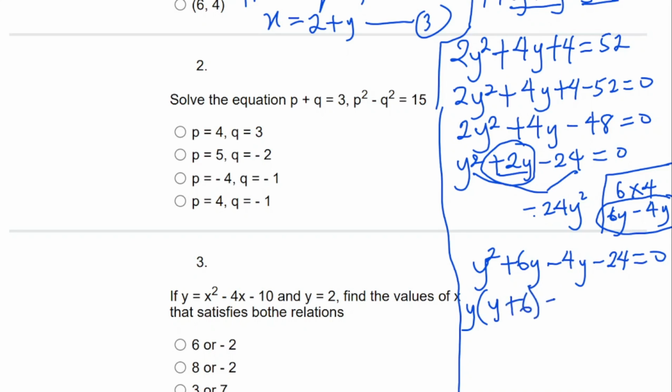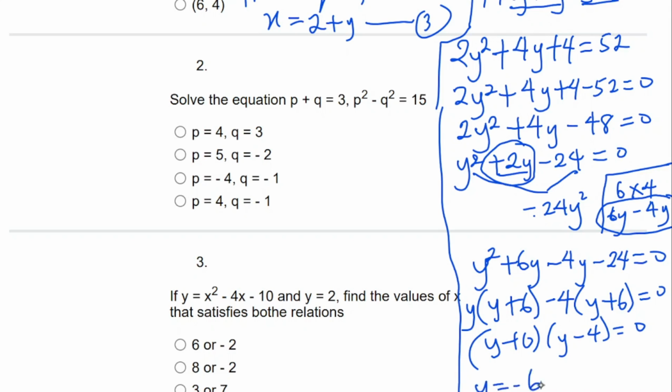Then minus 4 is common into y plus 6 as well, equal to 0. So that means the value will then be y plus 6, then y minus 4 equals 0. Therefore, y is equal to minus 6, or y is equal to 4.